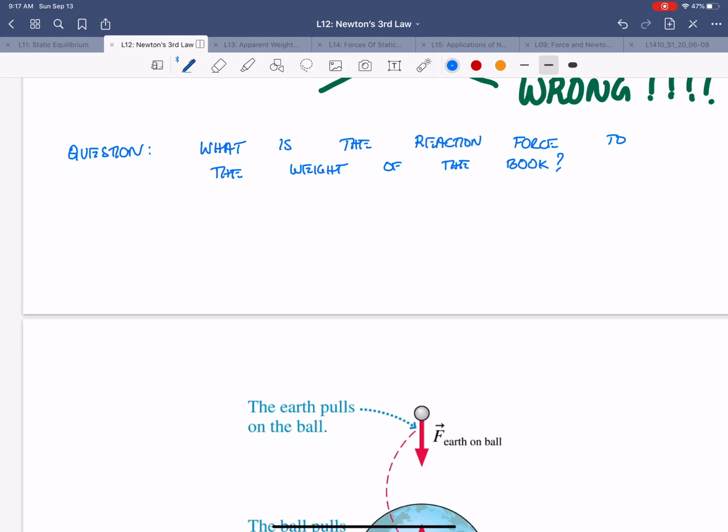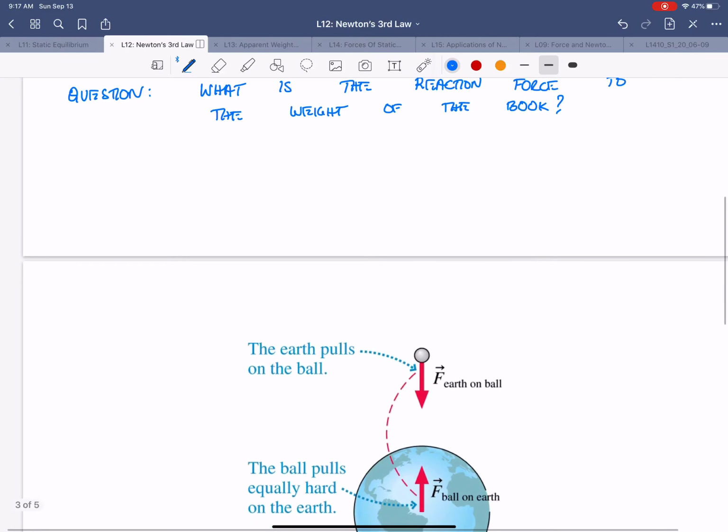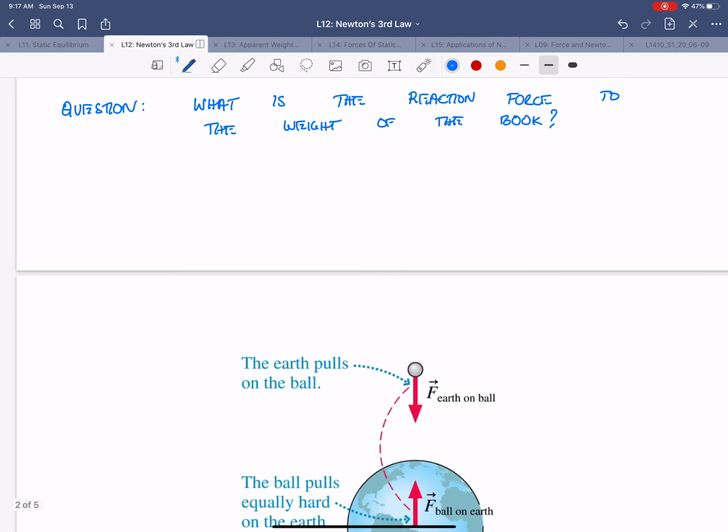Now let's look at the situation carefully. You've got a picture out here where you've got the earth, and the earth exerts a force on an object. In this case, it's a ball. The earth is pulling down on this object.